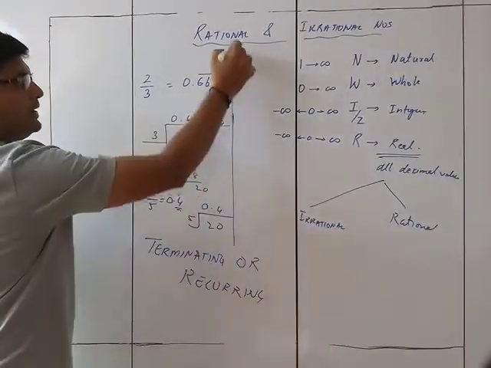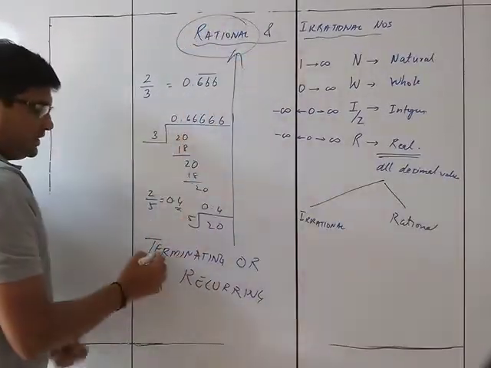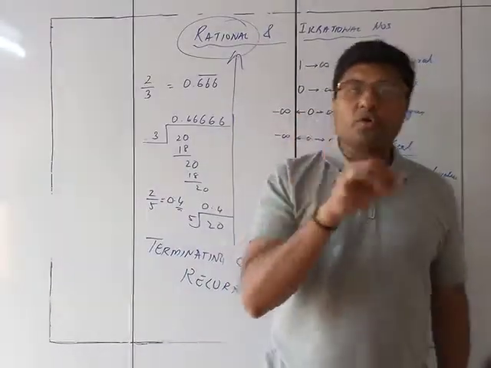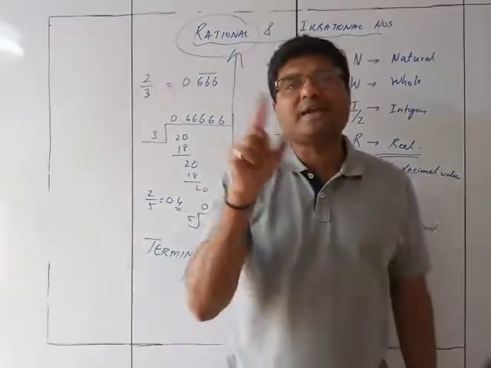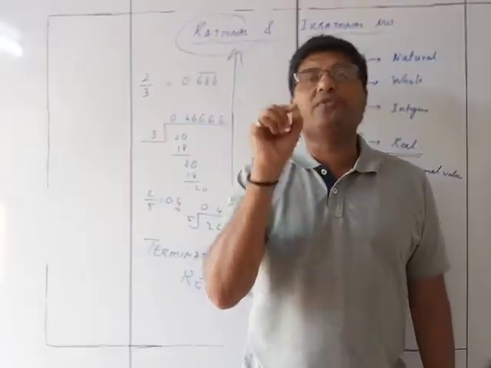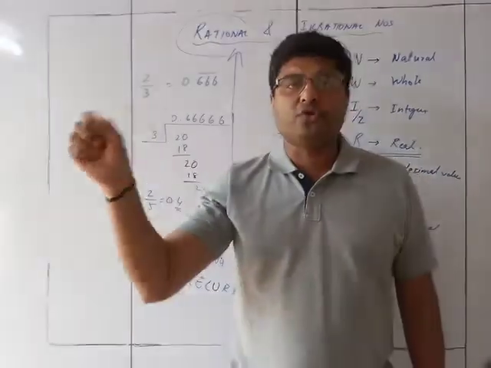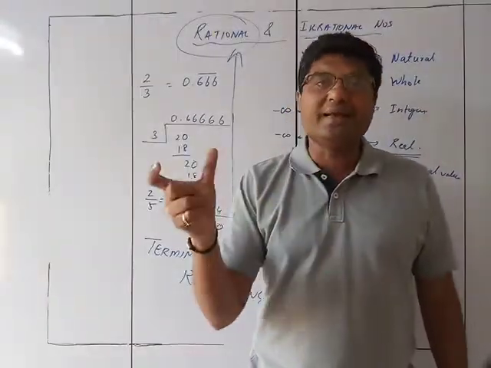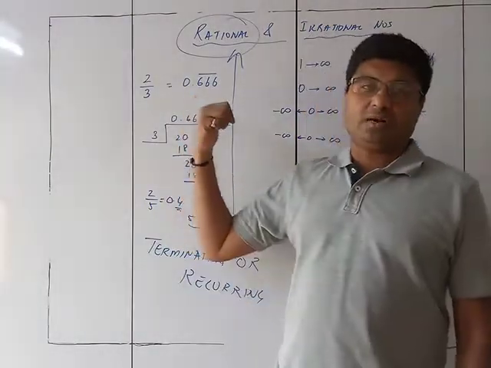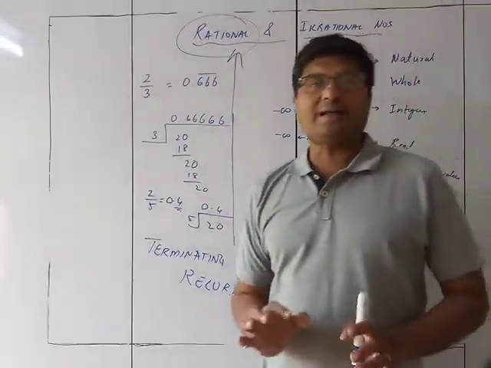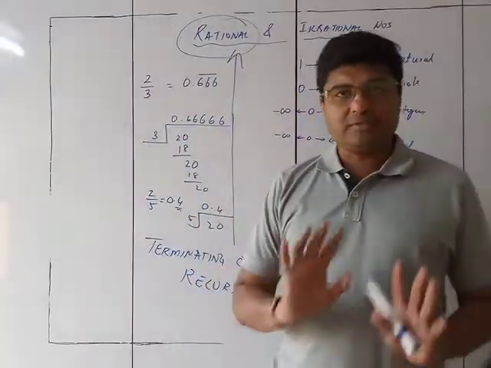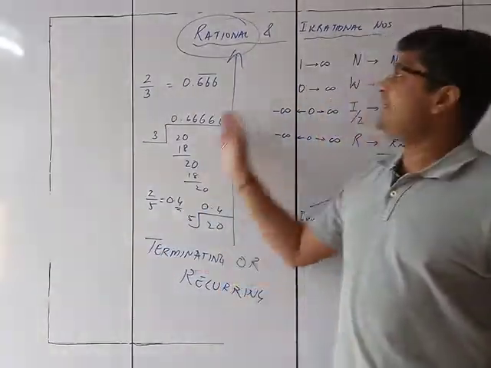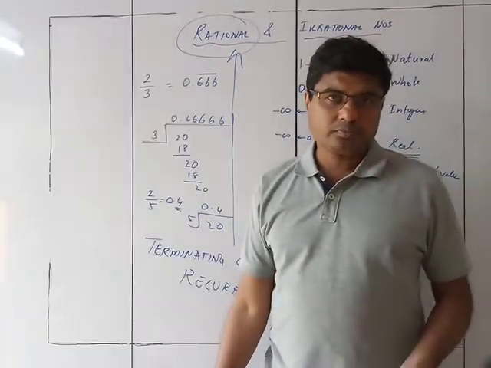So a rational number is the one which is terminating or recurring. When we divide and we get recurring, even if it is like 0.4345 4345 4345 4345, but it is recurring, then it is a rational number. Or if I am getting the answer as 5.3, that's it, or just 5, just 10, all whole numbers, then they are rational numbers.